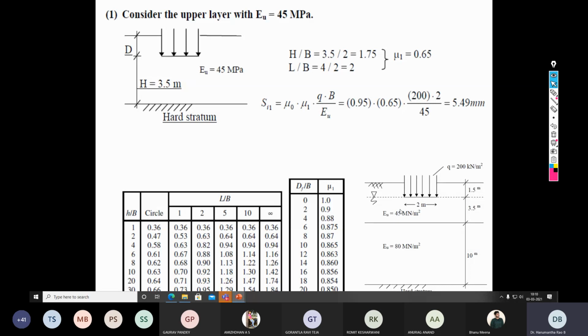But suppose if you distribute it, then the 200 will be reduced to 100 or 150. Then you are underestimating the elastic settlement. Underestimating means it will be lower only. You got my point, or not?